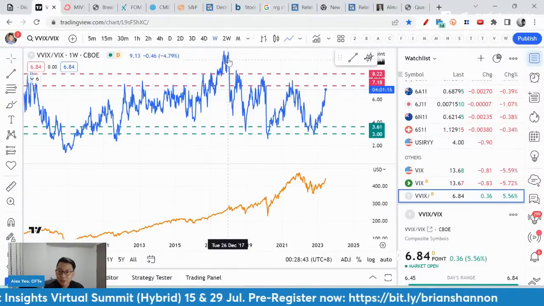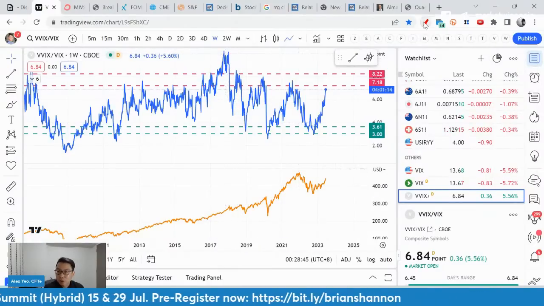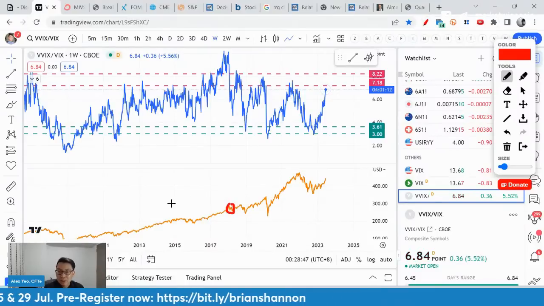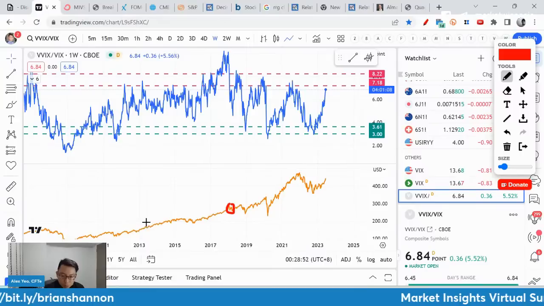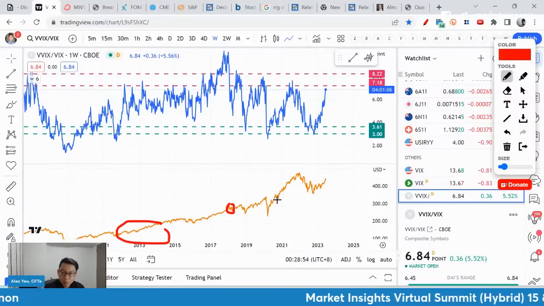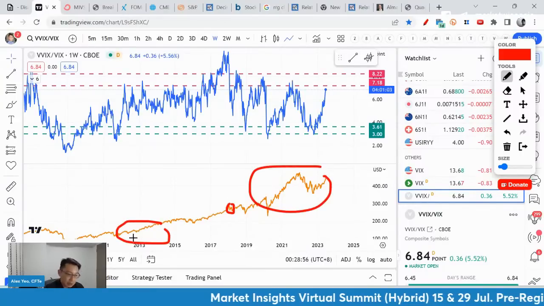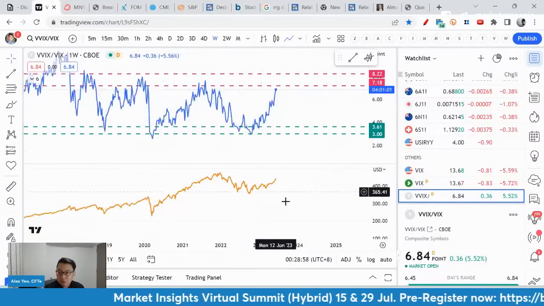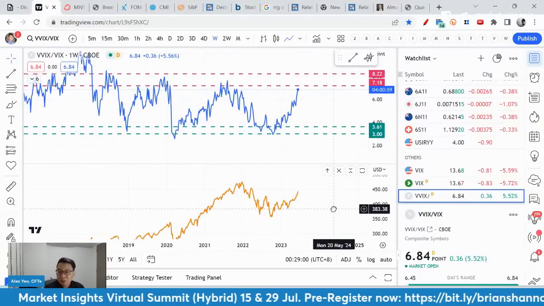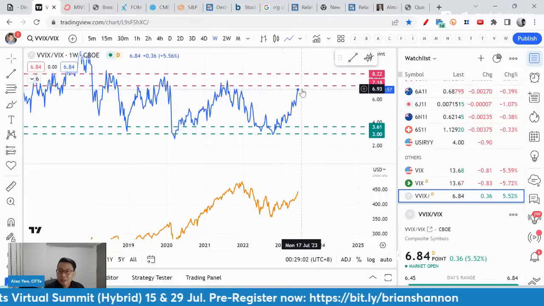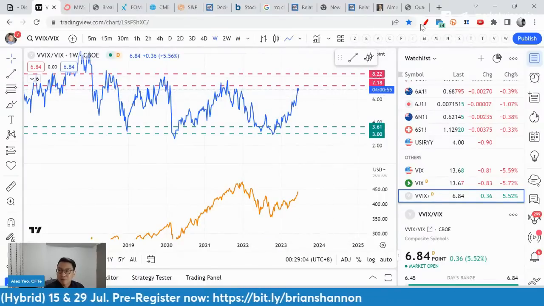When it's at the top over here, it also had a correction. Prior to that, although you cannot really see it because the movement is too big, it is the same thing as well. So what I'm cautioning you is that it is somewhere near the top, near reading 7 already.